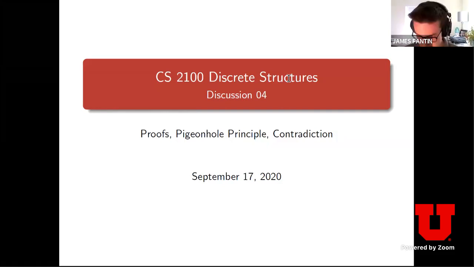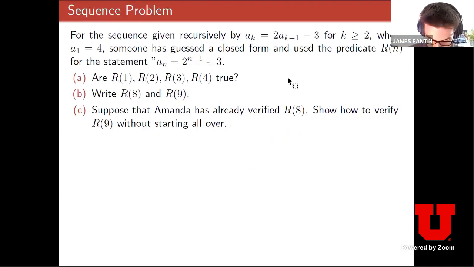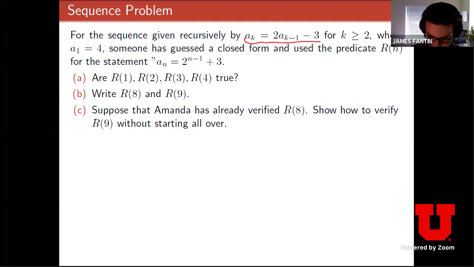Awesome. So we'll go ahead and get started then. For our first problem here, we've got another problem with sequences. We have this sequence defined recursively by a sub k equals 2 a sub k minus 1, minus 3, with the initial condition that a sub 1 is equal to 4.